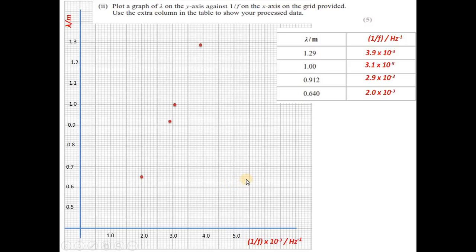A best fit line is a line that passes through the maximum number of points, or all the points should be at equidistance from the line. So that's how you can see the best fit line. That's how you do your question number 5.